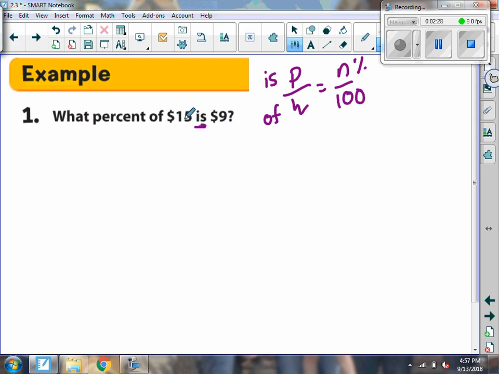If I put "is" with 15, I have no keywords to go with 9. So that means "is" has to go with the 9. So 9 is my part, so this will be 9 over. "Of" is my keyword for my whole, so of 15. So 15 is my whole, is equal to, I don't have any numbers with a percent sign. So that's what I'm trying to find. So 9 over 15 is equal to n over 100.